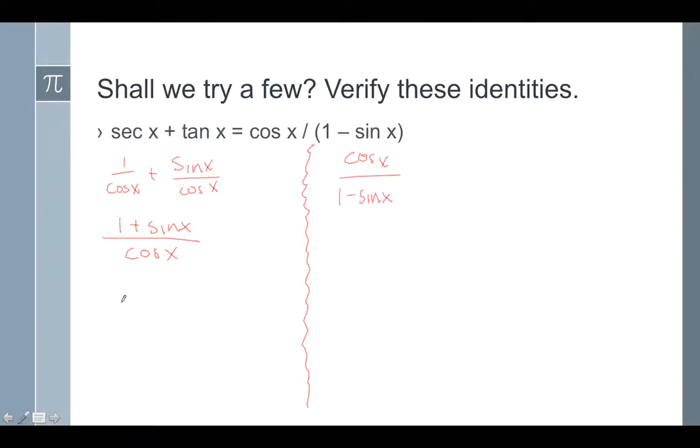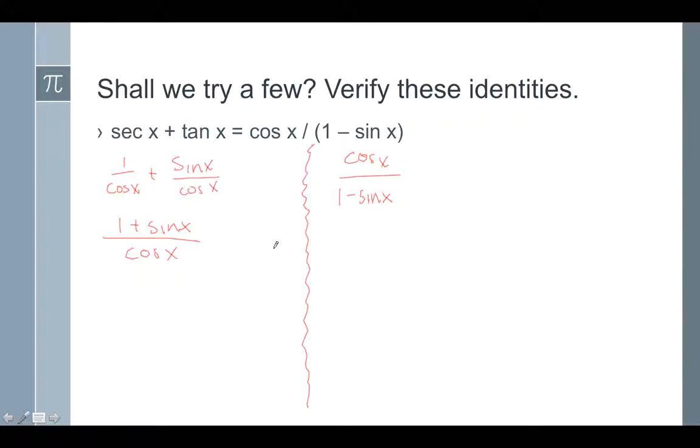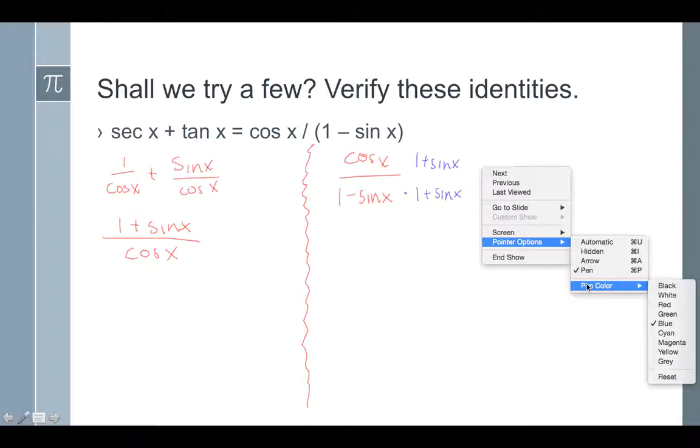Well, one of the problems that we did in the last section was we multiplied by a conjugate down here. And the reason we did that was that it got a Pythagorean identity. And you'll notice that this one will as well.